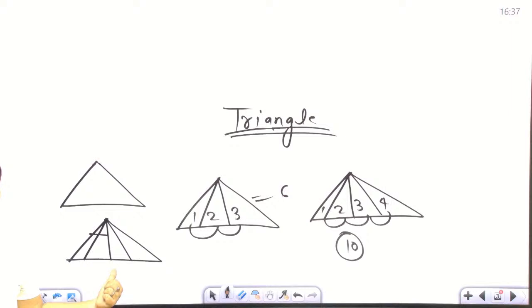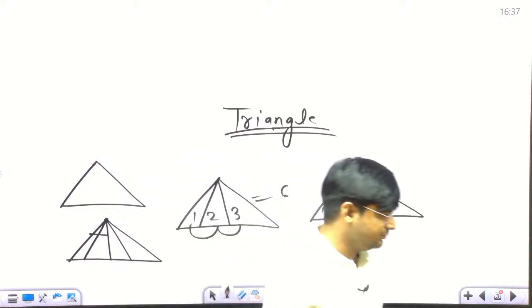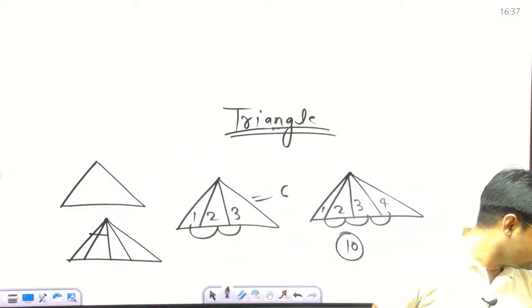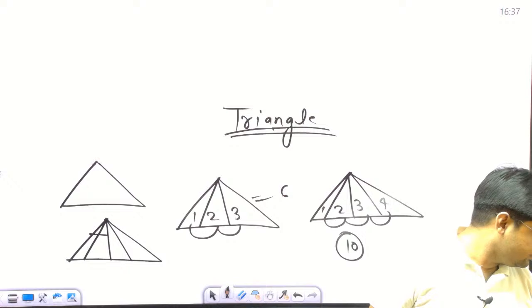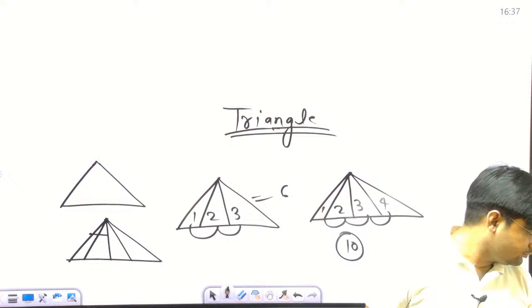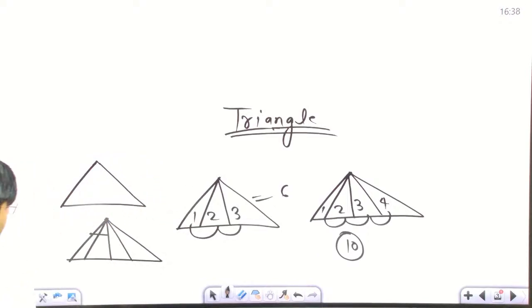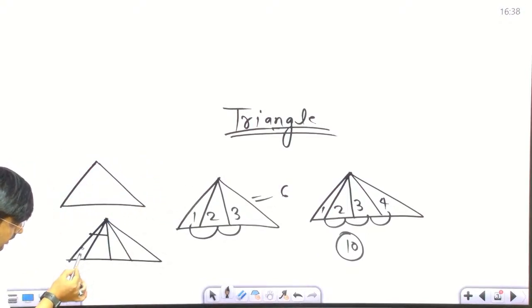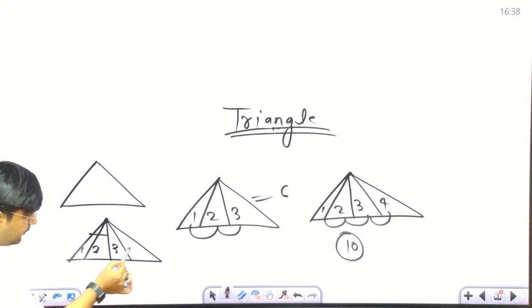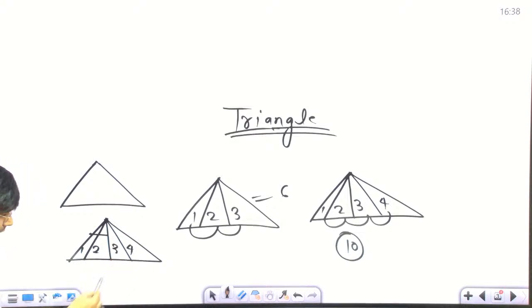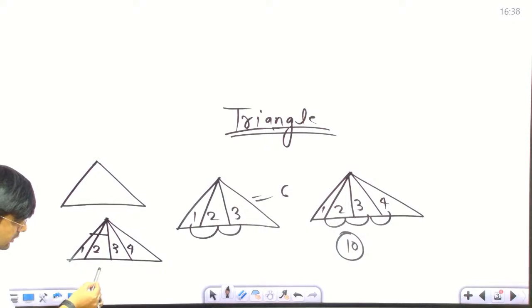And how many triangles in this? 1, 2, 3, 4. There are 4 parts. 4 plus 3 plus 2 plus 1.